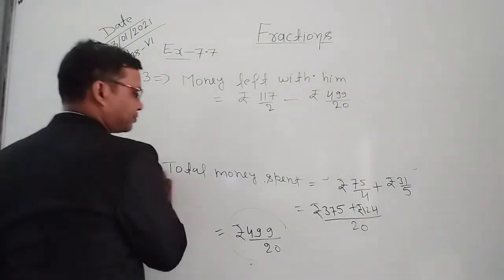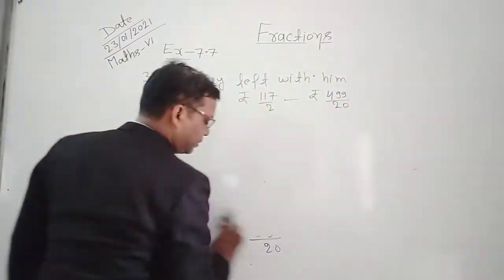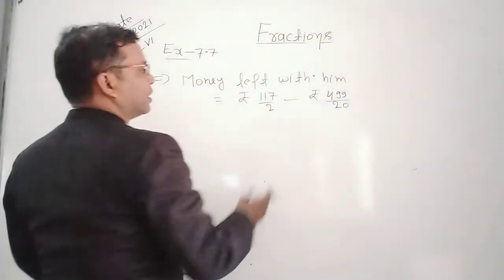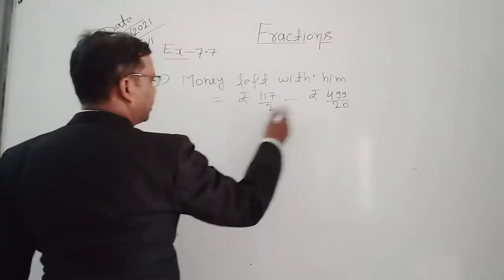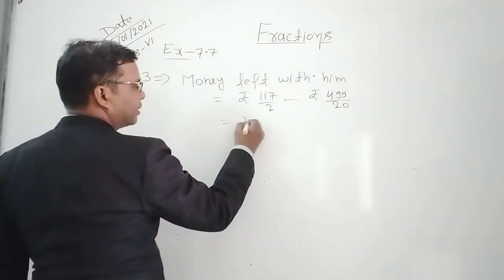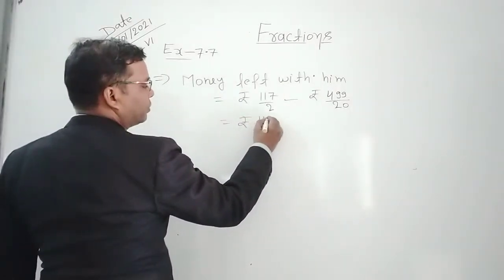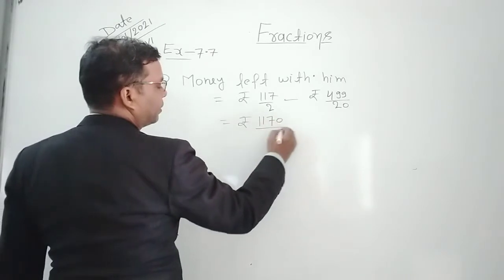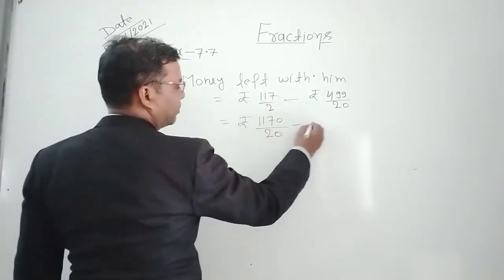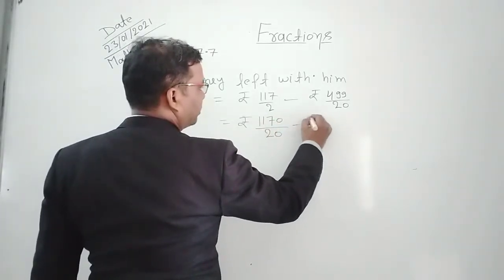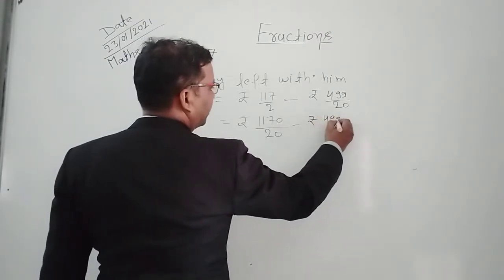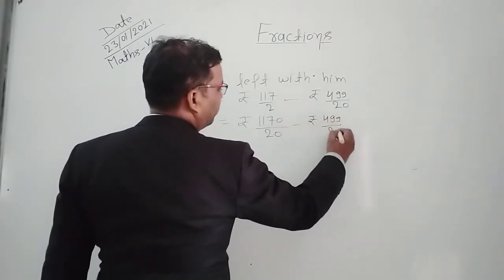So LCM is 20, so you can write 1170 by 20 minus rupees 499 by 20.